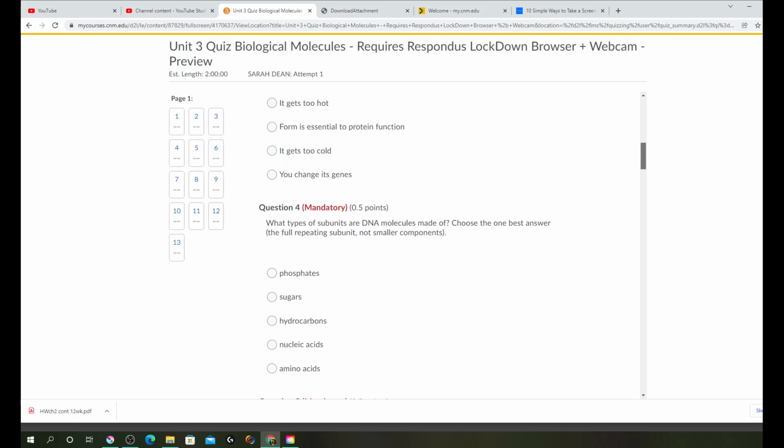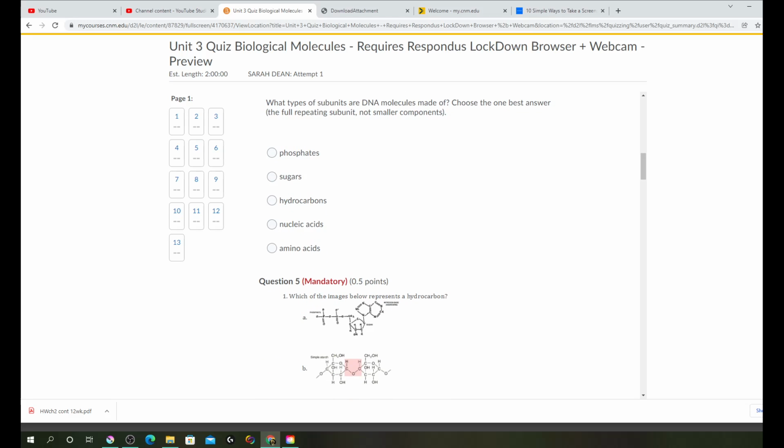All right, so what types of subunits are DNA molecules made out of? Choose the one best answer. And I even said in here the full repeating subunit, not the smaller components. Okay, so you know that each DNA and RNA molecule is made up of repeating subunits.